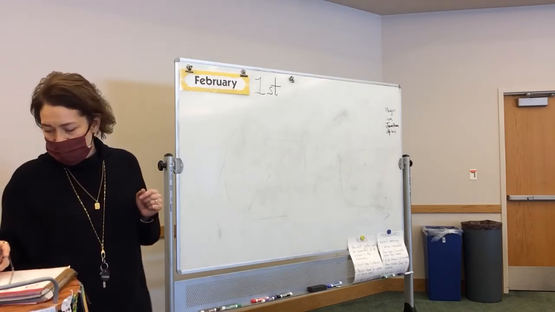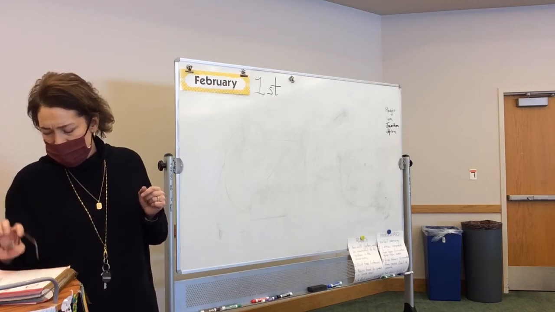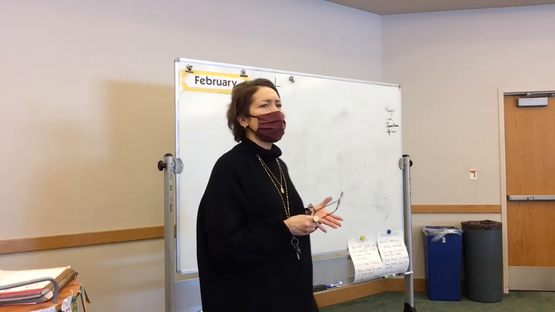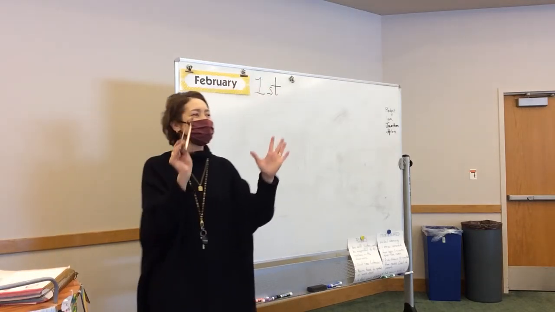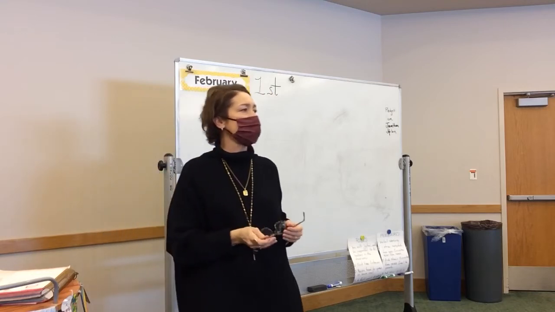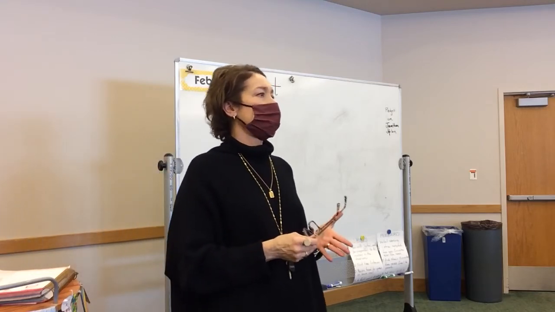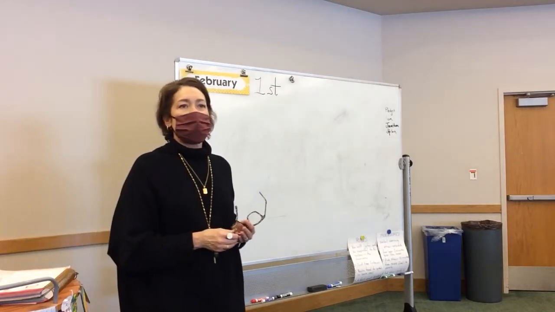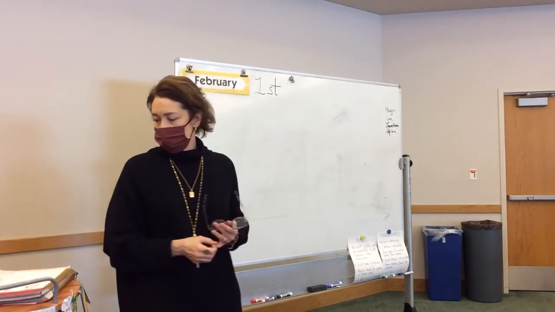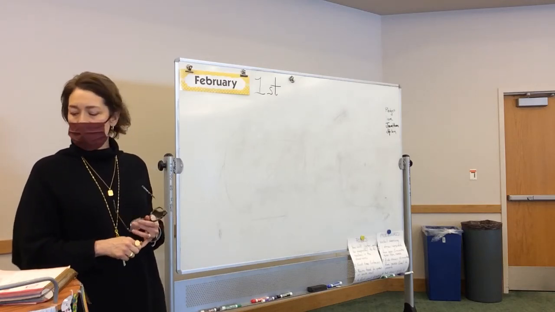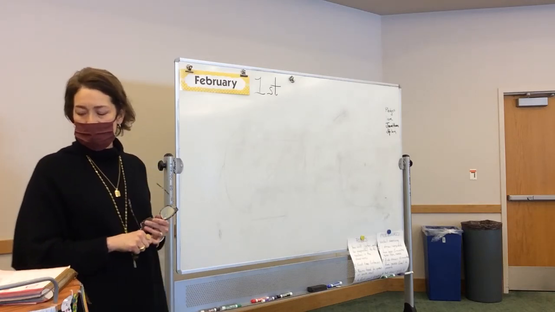Actually, I'm sorry, I skipped. Now, we are figuring out the area. What do you have to do for the area? The area is inside the shape, not the outside of the shape. So how do you figure out the area, Grayson? You count the squares inside. So hands up when you are completed with that.